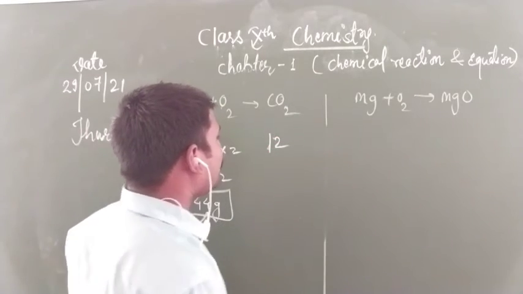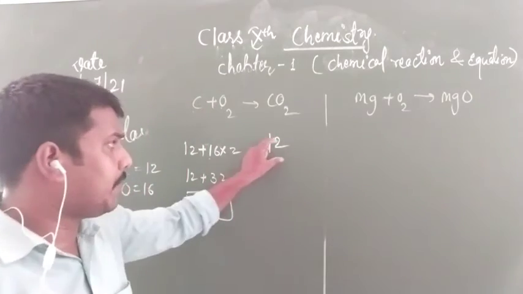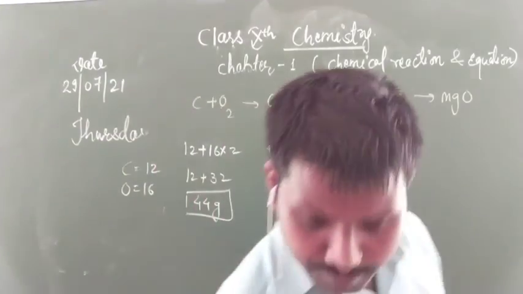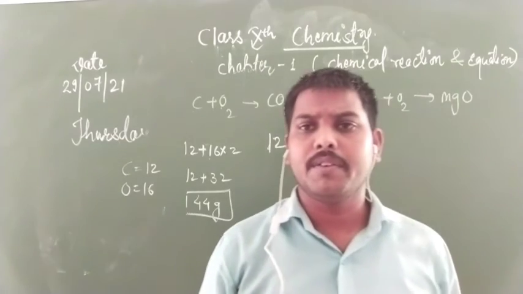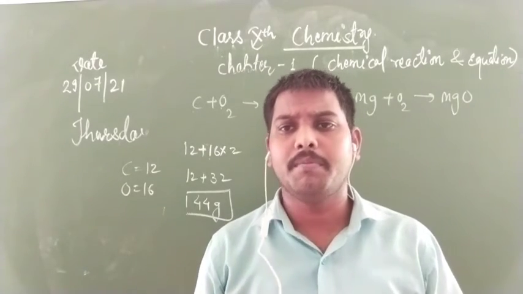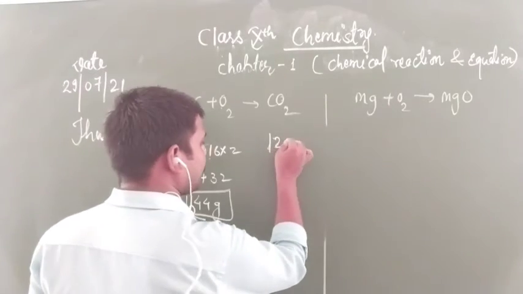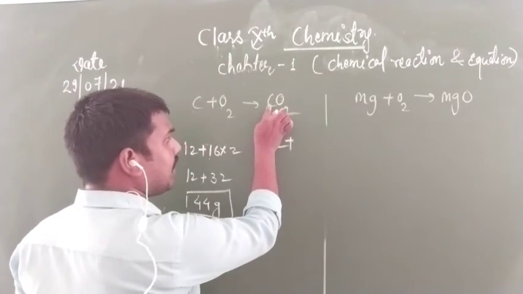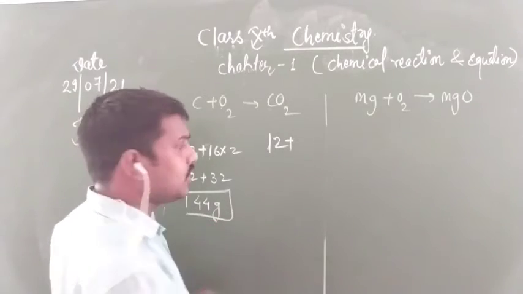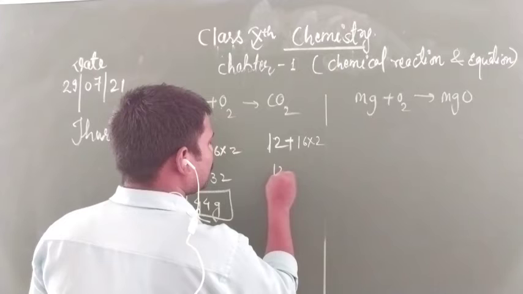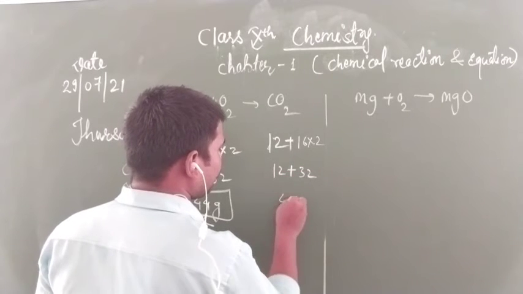Now children, you will not use the multiply symbol after carbon, because in chemistry, whenever different elements come, you put a plus sign, because carbon and oxygen are totally different. So oxygen 16 into 2, 12 plus 32, 44 gram.